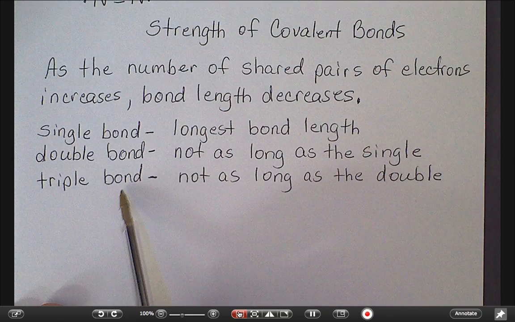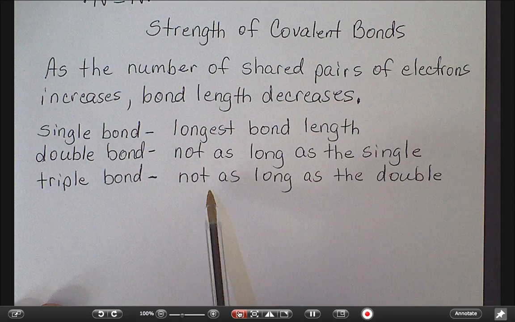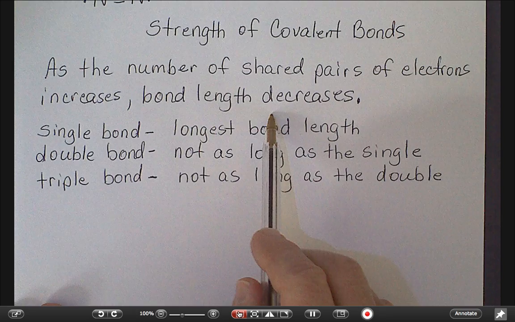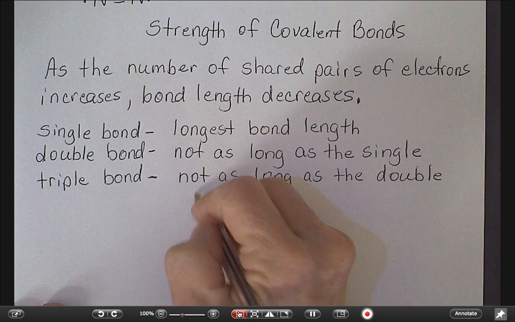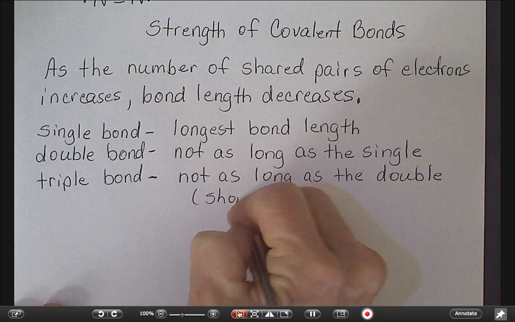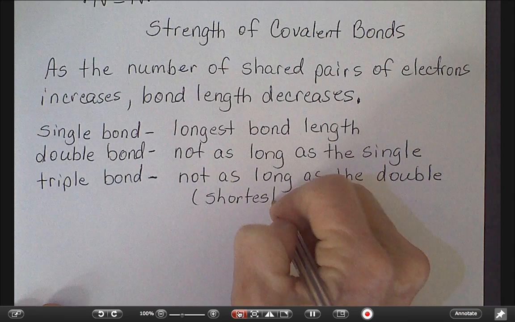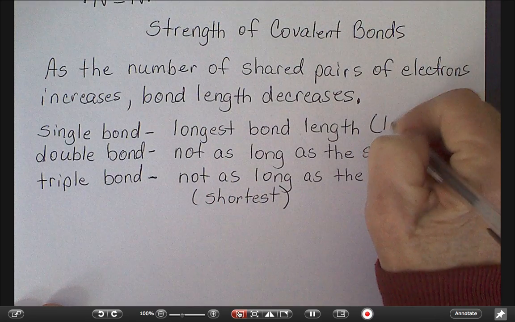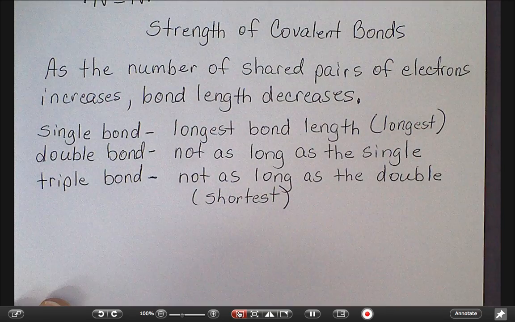When you get to the triple, it has shortened. So the triple is the shortest length and the single is the longest. So the triple is the shortest, and this one is the longest.